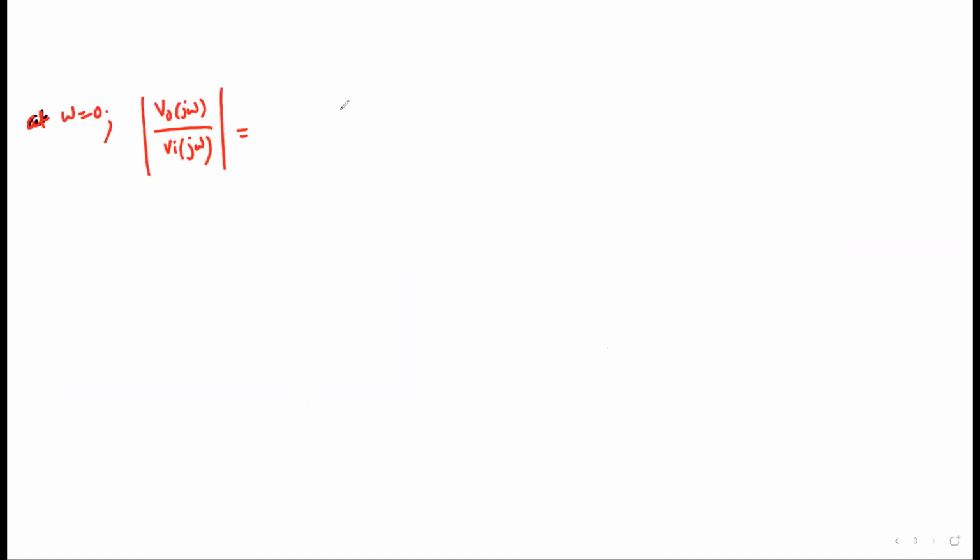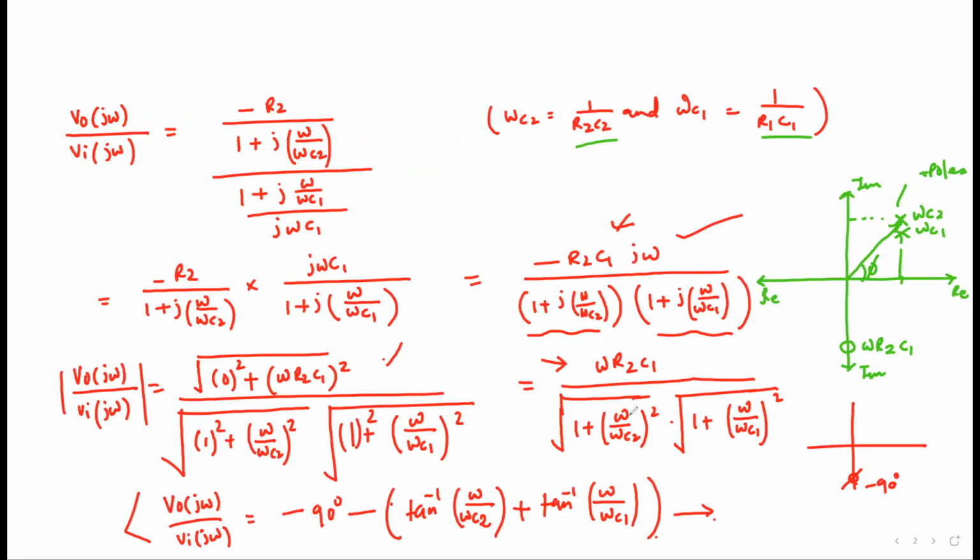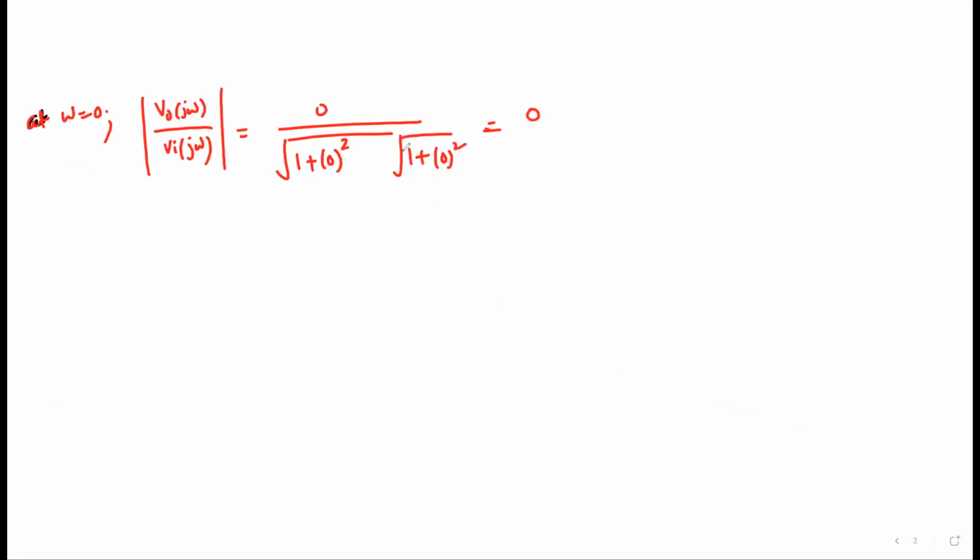Let's see what value it takes. 0 divided by 1 plus 0 square, and this is 1 plus 0 square. So it's basically 0, right? Because we have omega 0 here, omega 0 here. And the phase would be minus 90 degrees, minus tan inverse of 0 plus tan inverse of 0. So it would be minus 90 degrees.